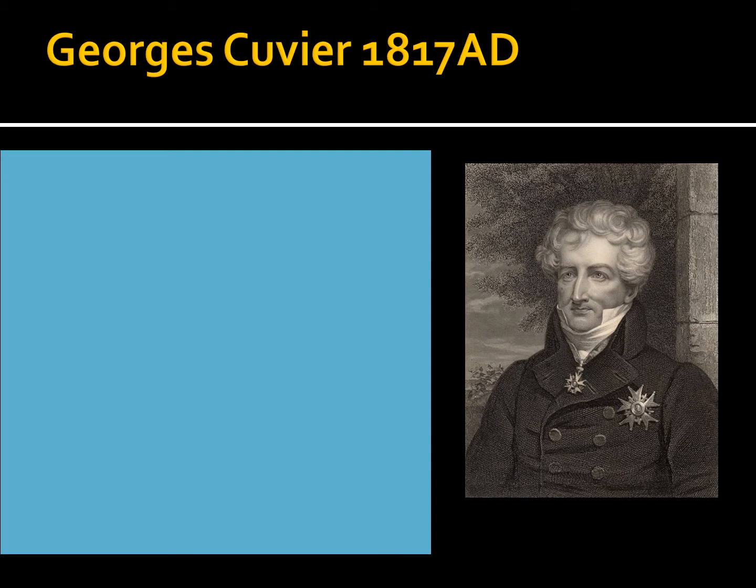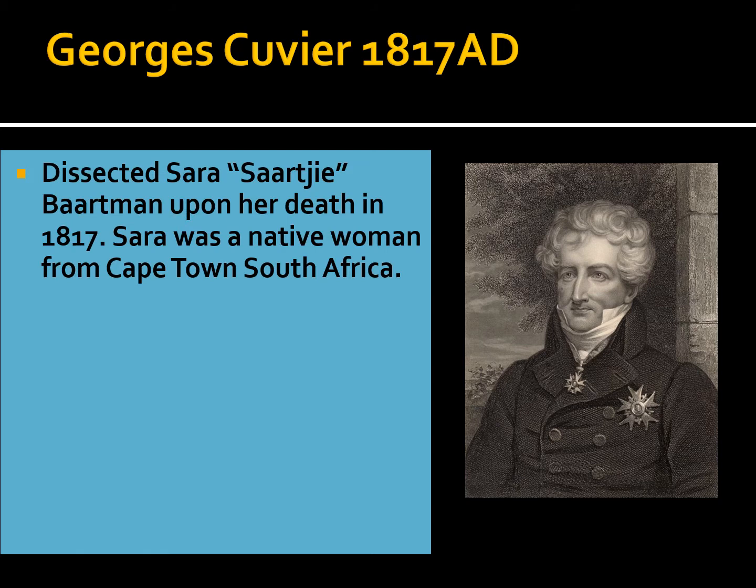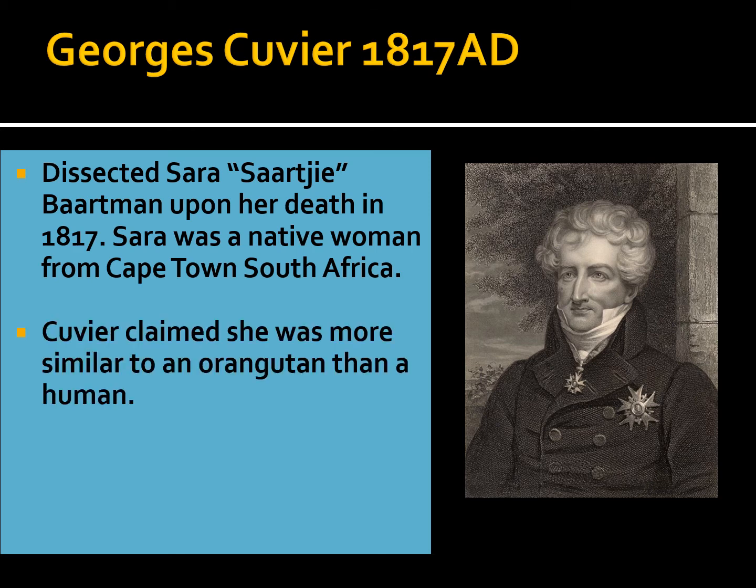One of these individuals that you may have learned about in your biology classes, named George S. Cuvier, he came up with the notion of catastrophism in evolutionary theory. But he actually also looked a lot at the concept of race, and he dissected an African woman named Sarah Bartman when she died in 1817, and she was a native woman from Cape Town in South Africa.